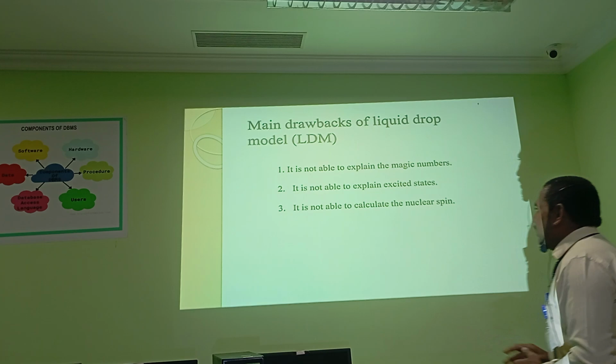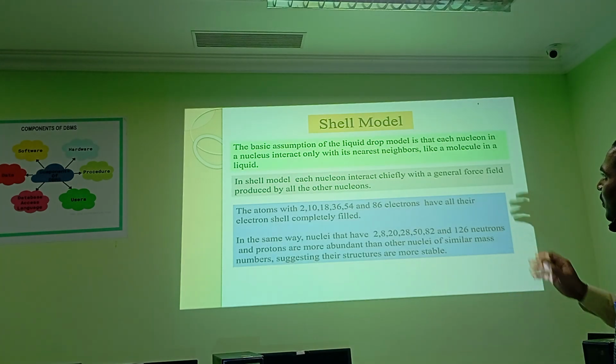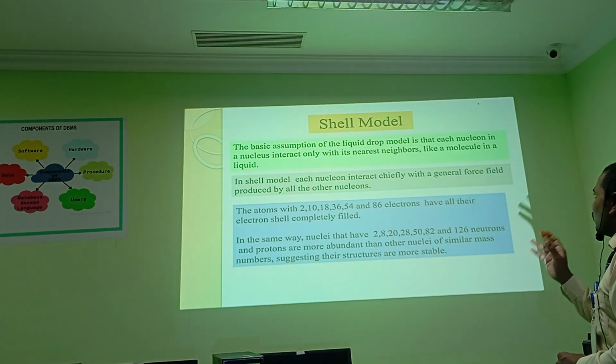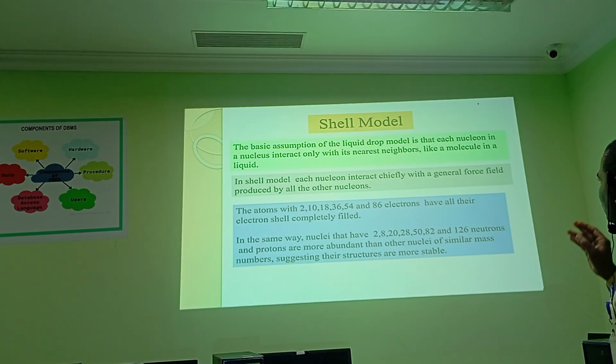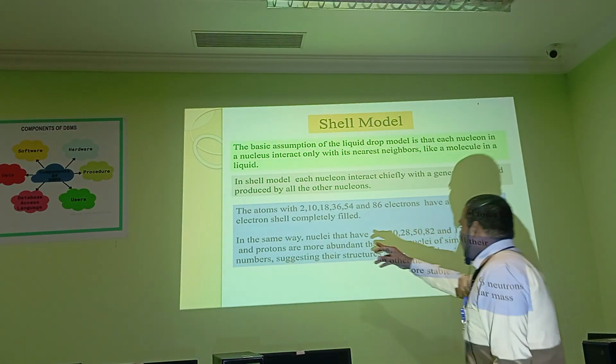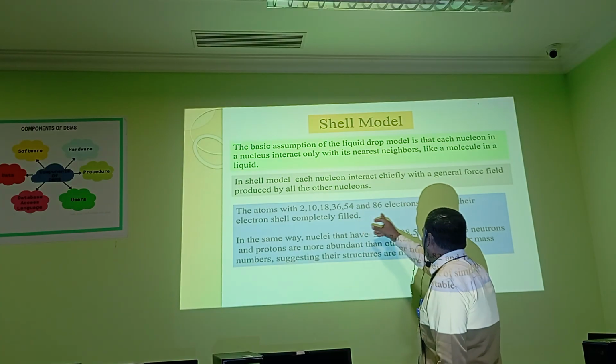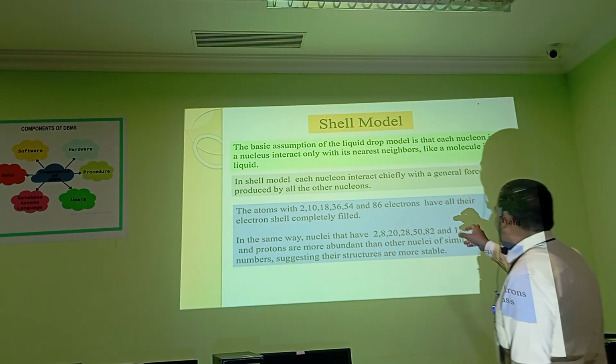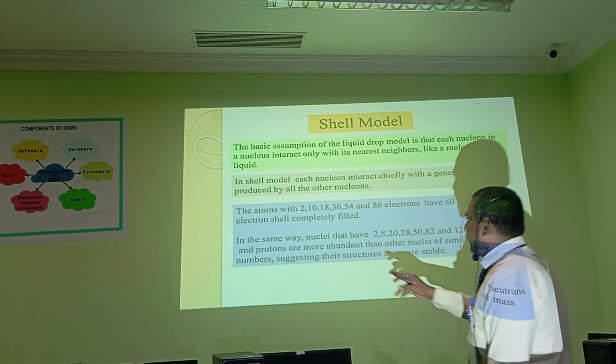Shell model. The basic constitution of the shell model is that each nucleon interacts only with its nearest neighbors, like a molecule in a nucleus. So atoms with 2, 10, 18, 36, 54, 86 electrons have all the electron shells completely filled.